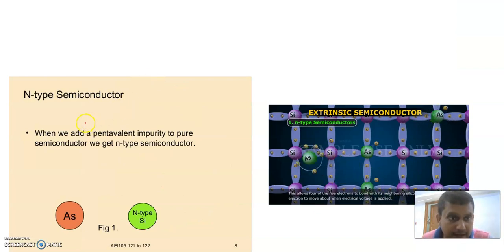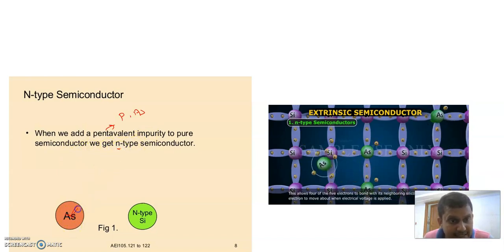Now, the n-type semiconductor. How is an n-type semiconductor formed? When we add a pentavalent impurity, for example phosphorus or arsenic, to the pure or intrinsic semiconductor, we get the n-type semiconductor.